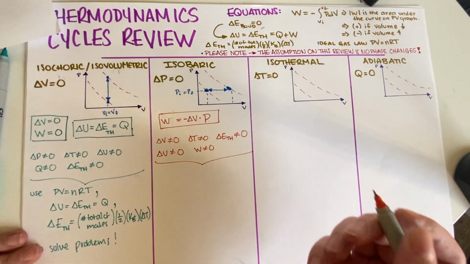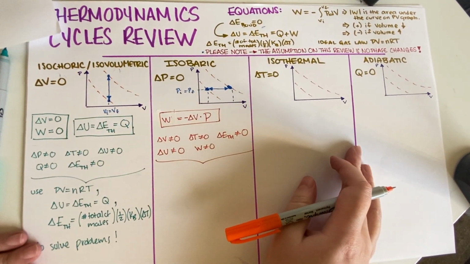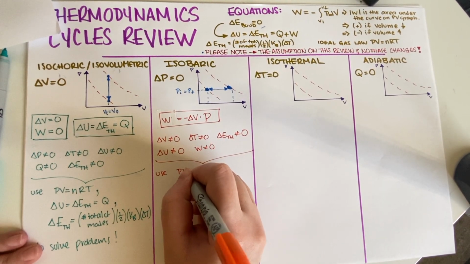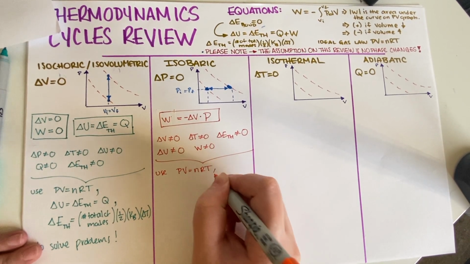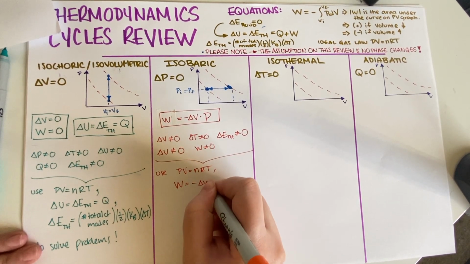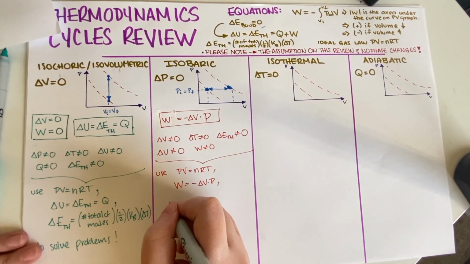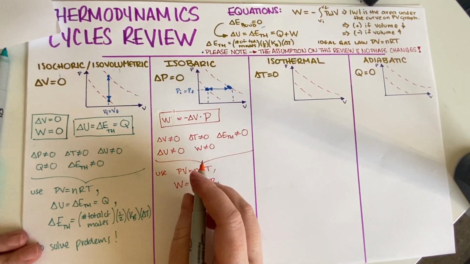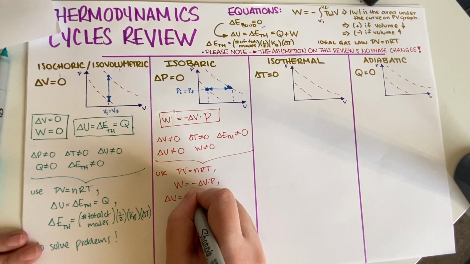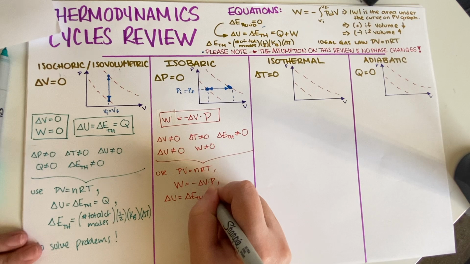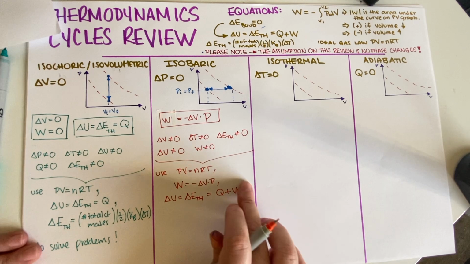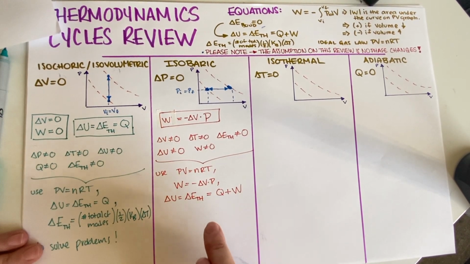So for all of these, if we're doing a practice problem, then the equations that we're going to use are obviously the ideal gas law, our simplified work equation, and our internal energy equation, so delta U is equal to Q plus W, because work is not cancelled here, it is not equal to 0.